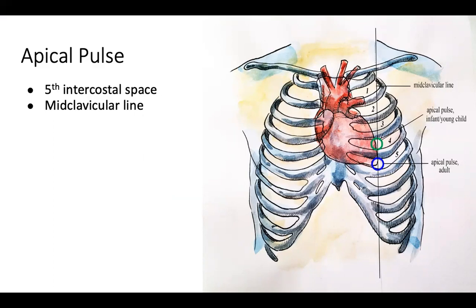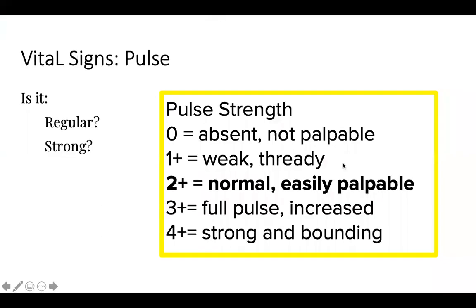To locate your apical pulse, and try this at home, you're going to go on the left side of your body, halfway across your clavicle, the mid-clavicular line, and you're going to go down 5 intercostal spaces, the spaces between your ribs. It's typically right under the left nipple, but it's the left midclavicular line, fifth intercostal space where you find that apical pulse.